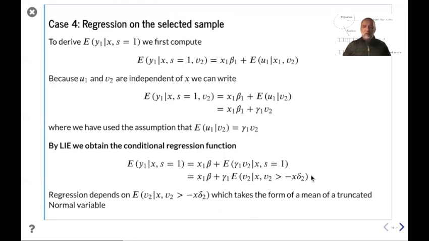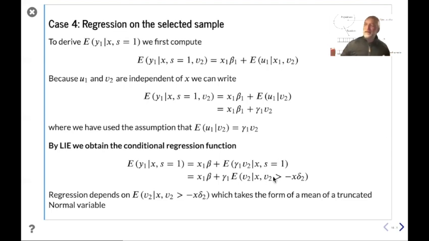So what we can do here is, fortunately, since we have shown enough about the distribution of these error terms, these v2s, we can derive what that conditional mean is and estimate it. That takes the form of a truncated normal distribution, since this is basically a normal variable conditional that it is bigger than some value.